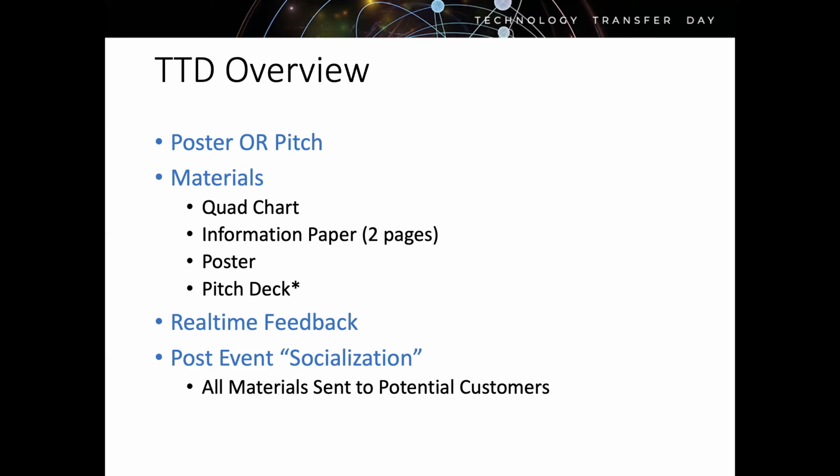They will then send an email to all of these potential customers that will include you. All of your materials will be included in that email, as well as all of the specific contact information of everybody that is on that email.